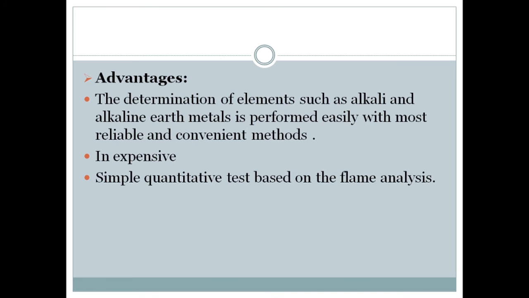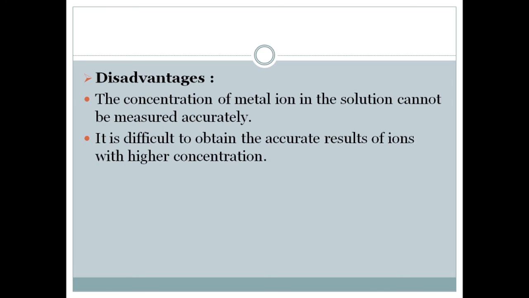These are some advantages. Now, the disadvantages. The concentration of metal ion in the solution cannot be measured accurately. This is the first disadvantage. Second, it is difficult to obtain accurate results for ions with higher concentration.